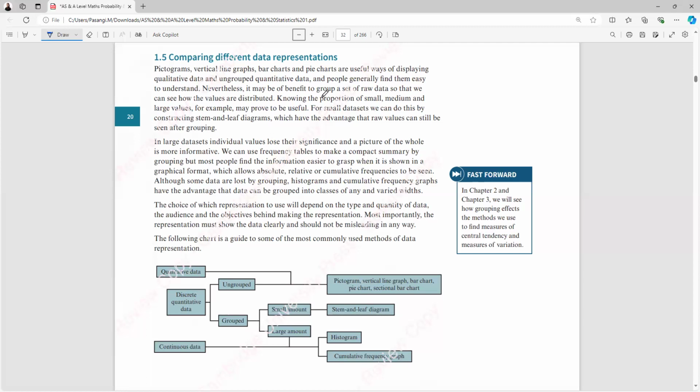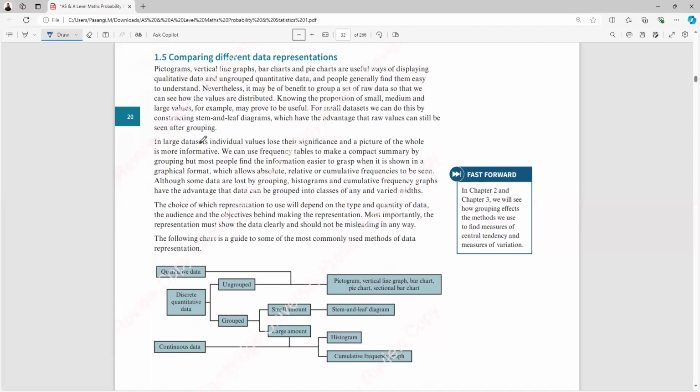Knowing the proportion of small, medium, and large values, for example, may prove to be useful for small data sets. We can do this by constructing stem and leaf diagrams, which have the advantage that raw values can still be seen after grouping as well.